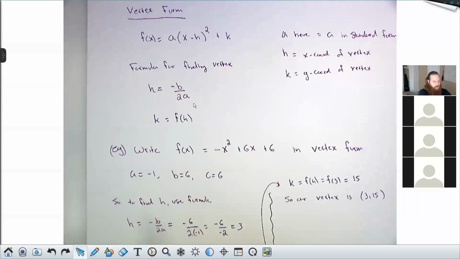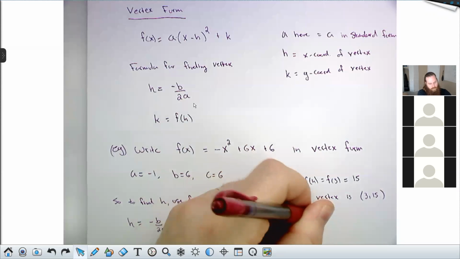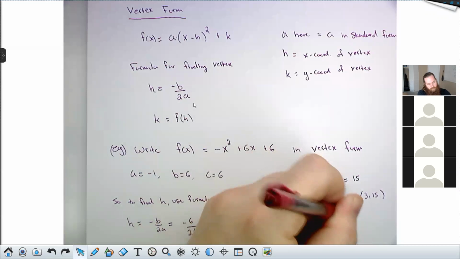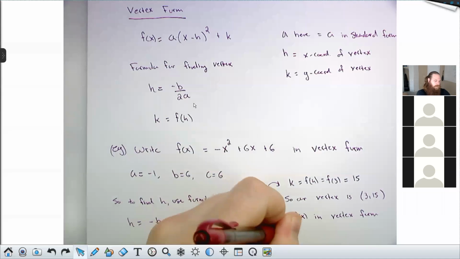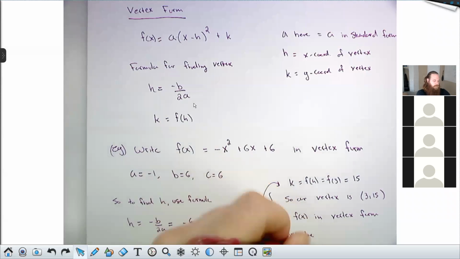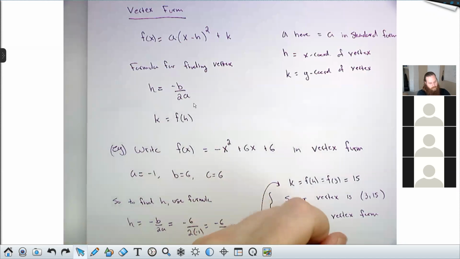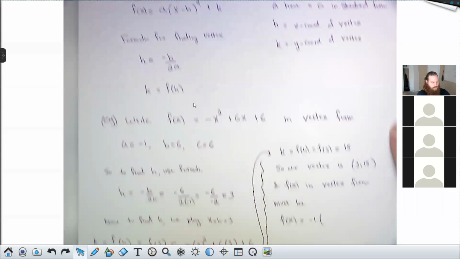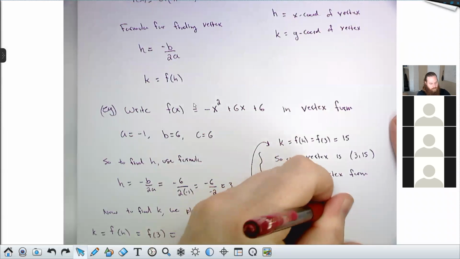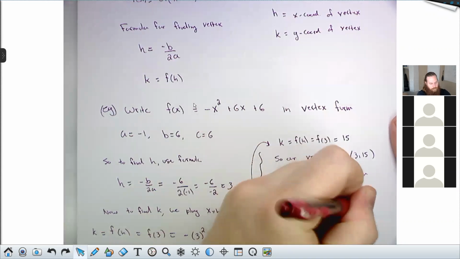So a was -1, and f of x in vertex form must be f of x equals -1 times (x minus 3) squared, plus 15.